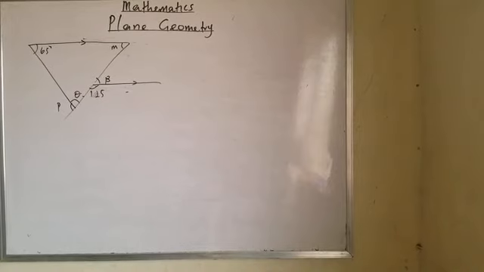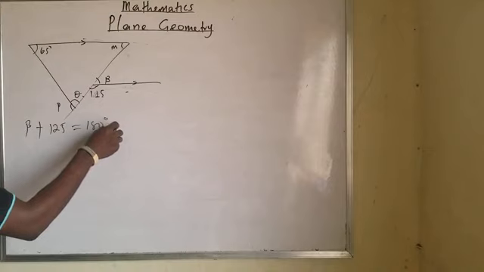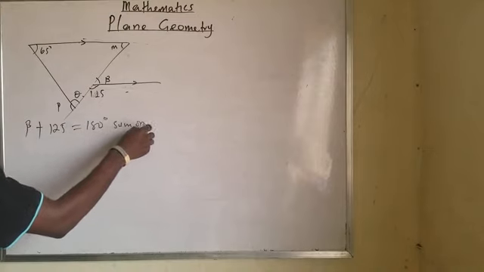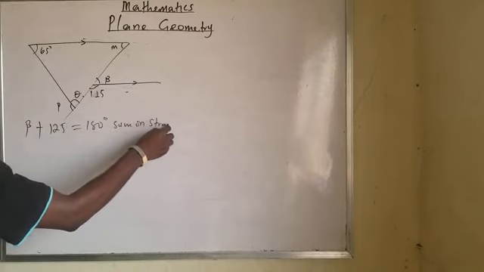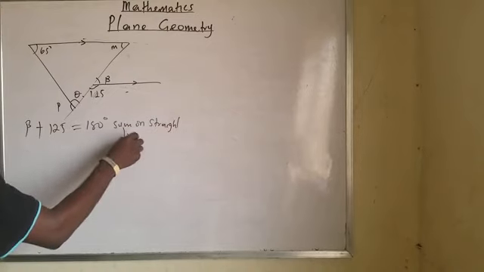It's another simple question. You are asked to find everything that is not given there: beta, m, theta, and p. Now, how do I go for this problem? The first thing I will do is that beta plus 125 equals 180, the sum of angles on a straight line.